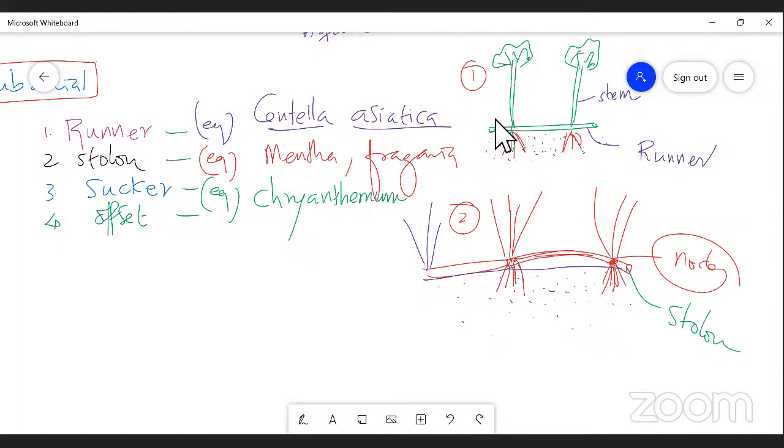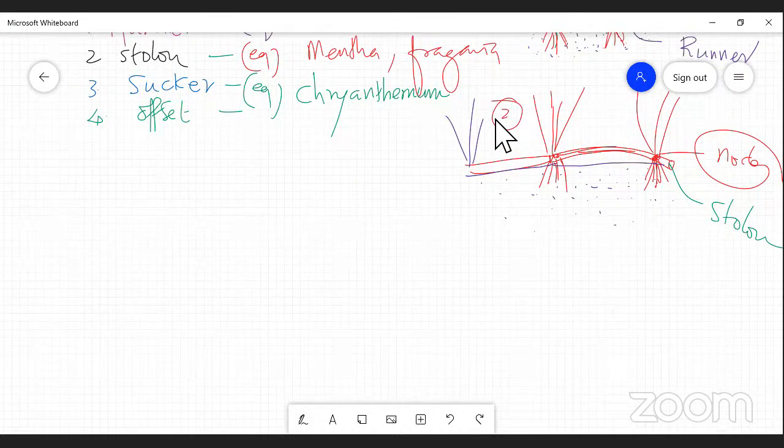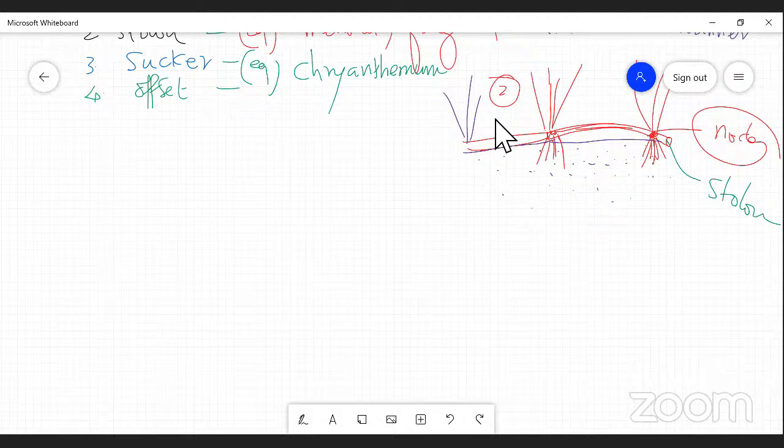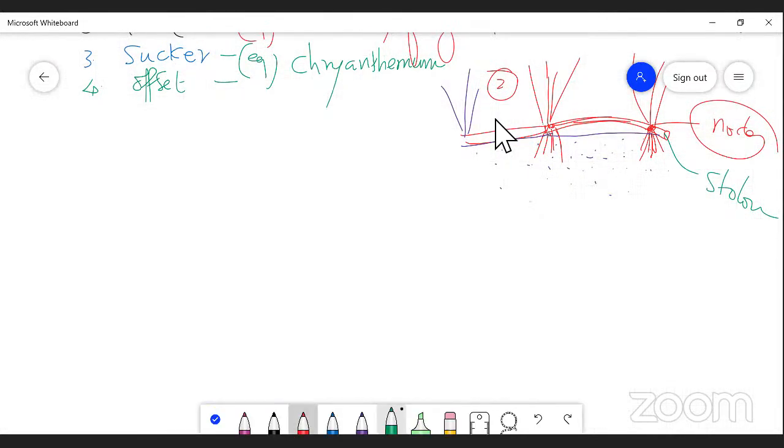I'm talking about the Chrysanthemum plant. Here the plant grows, with the root system growing towards the soil.